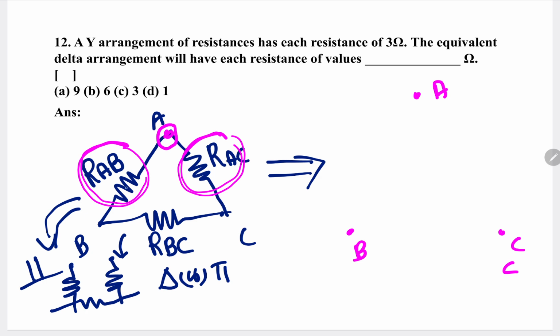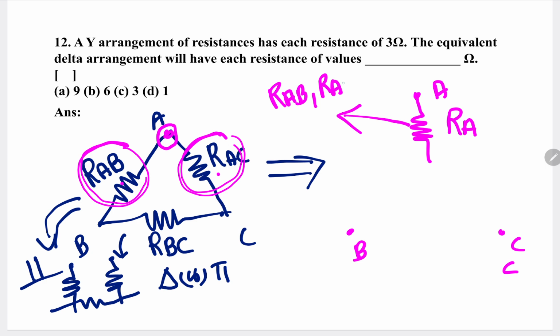So because of these two resistors RAB and RAC, one resistor is coming that is connected to which terminal? A. That's the reason I am calling as RA. This RA came because of two resistors, RAB comma RAC. Those two resistors connected to one common point, that is A. That's the reason I have connected to common point A, and its name I am calling as RA.